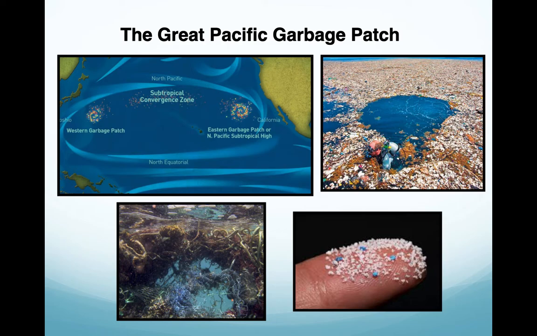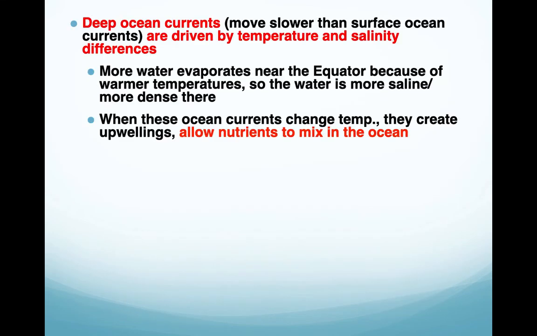But if an animal ingests it, so let's say a fish eats it, and then you eat the fish, now you've ingested those plastics as well. Once again, not good for us as human beings to consume them as well. So that's why there's a lot of concern over the garbage in the Pacific Ocean, trying to get it out of there just to reduce the plastics, but there is a lot in there.